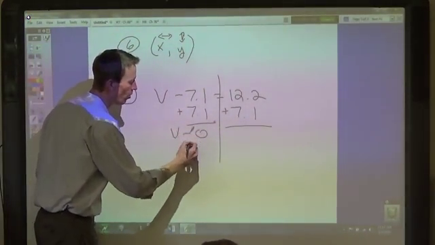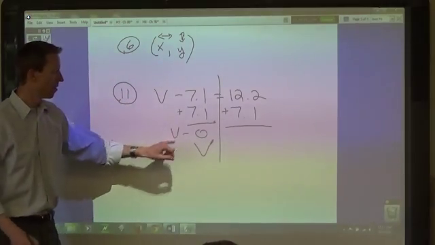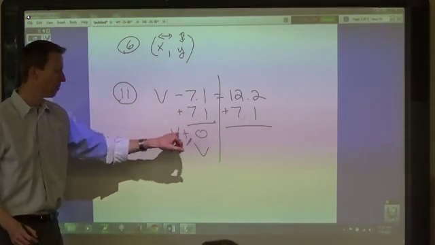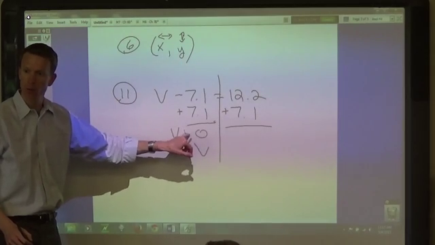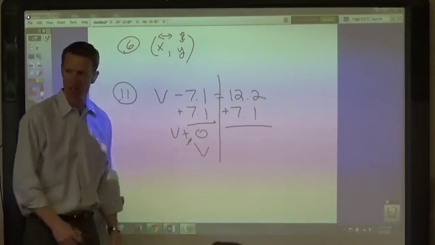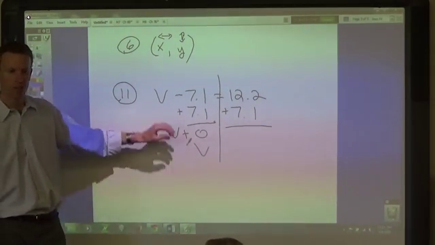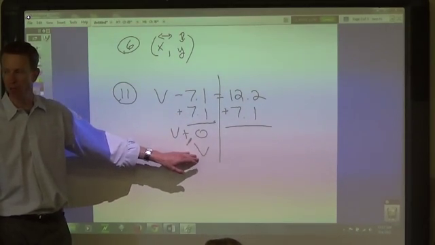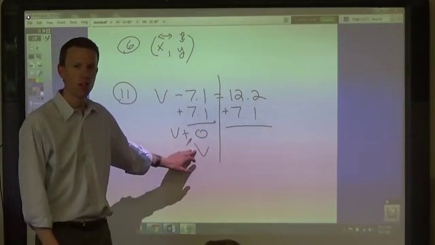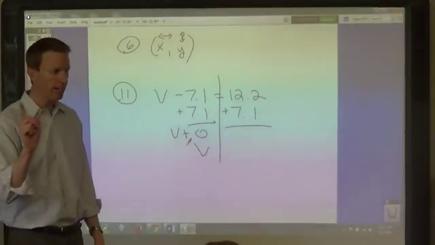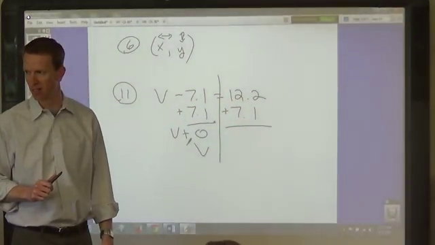So that proves, and whoops, v plus 0 is v. That proves that this is the answer. Okay? Because we've gotten the variable by itself. Whenever you're solving an equation, you have to get the variable by itself on one side to prove the solution.